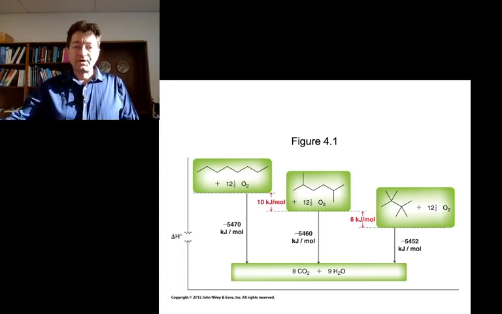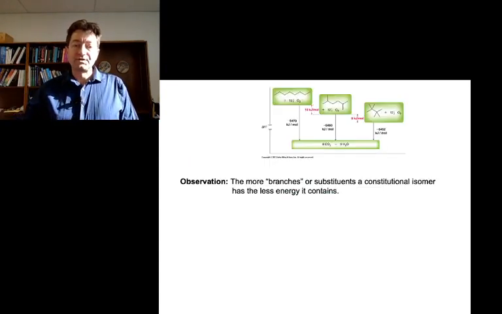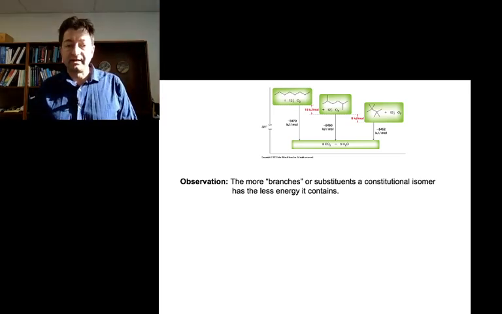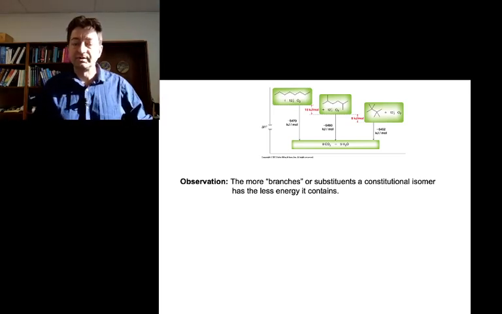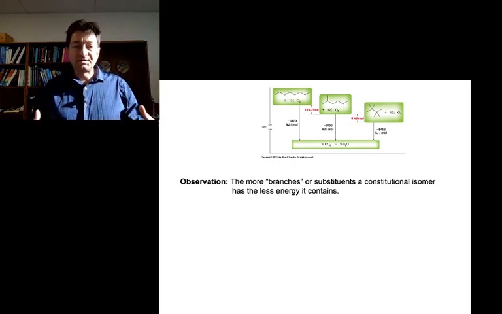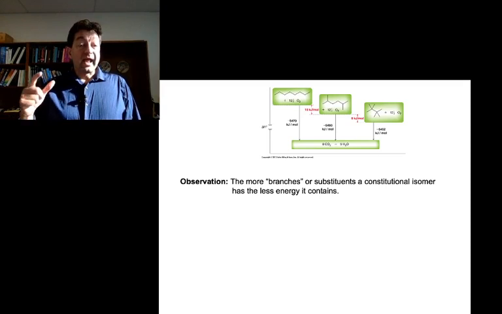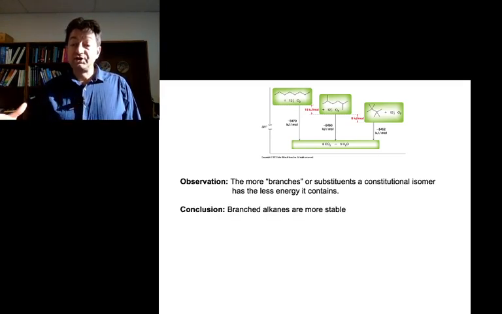So what we're observing is that the more branches or substituents a constitutional isomer has, the less energy it contains. So that's an observation. How do we make some kind of usable conclusion from that observation? Well, energy we can relate to the general stability of a molecule.